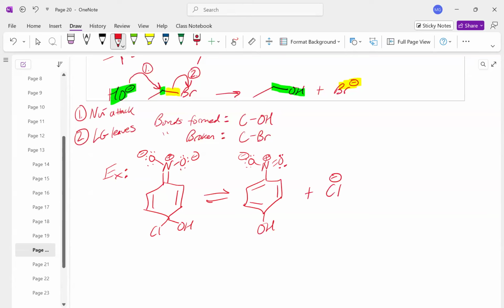Once you've copied this down, I want you to pause the video and look at what happened here. I want you to notate everything that is different, down to the simple bonds. Make a note of what is different between the reactant and the product.